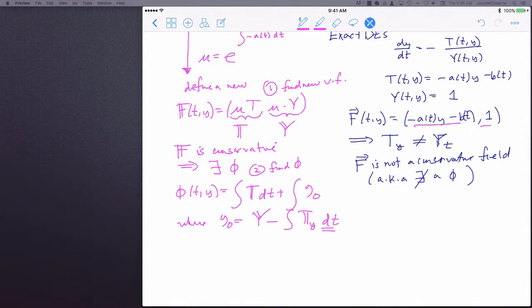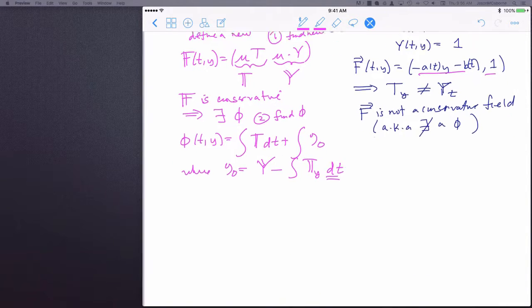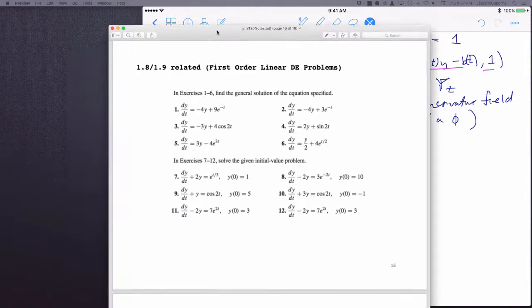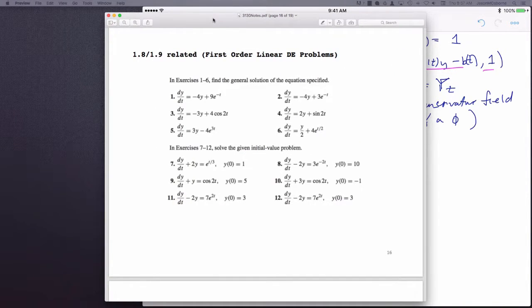Let me just pick an example from our course notes. Why don't I pick number 10 since it's an even number.